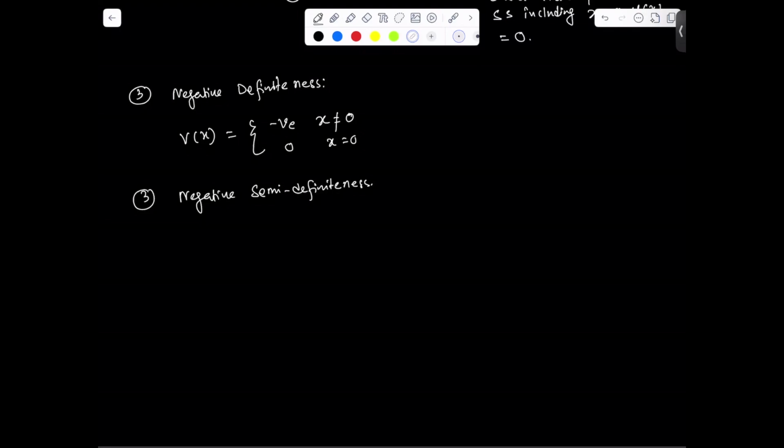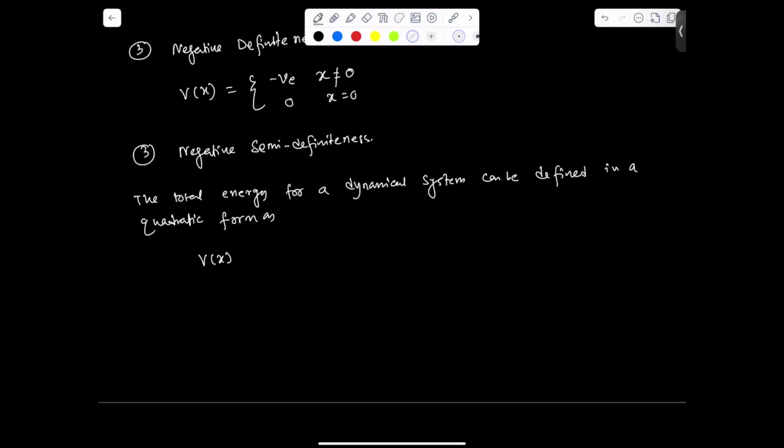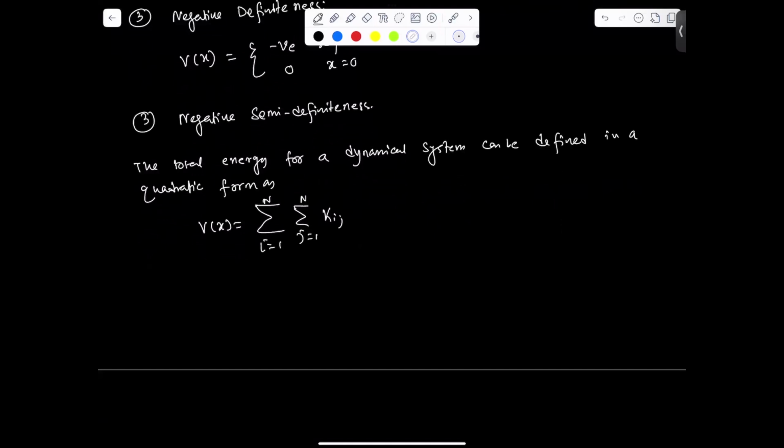So we can write that the total energy for a dynamical system can be defined in a quadratic form as V of x equal to the sum over i equal to 1 to n and j equal to 1 to n of k_ij x_i x_j, where k_ij are real constants, some constant parameters.